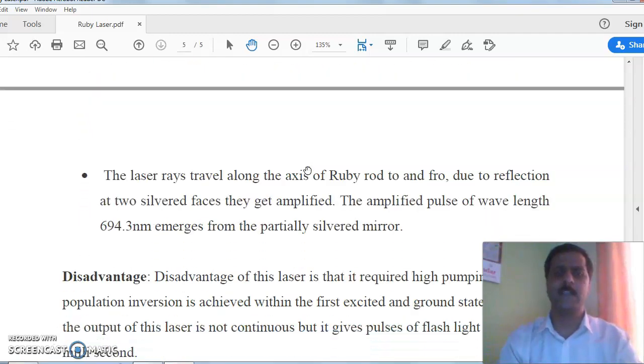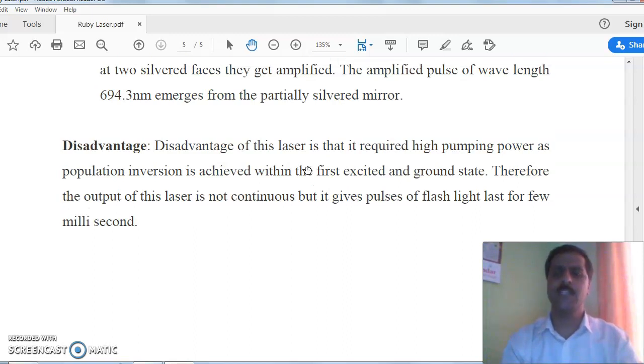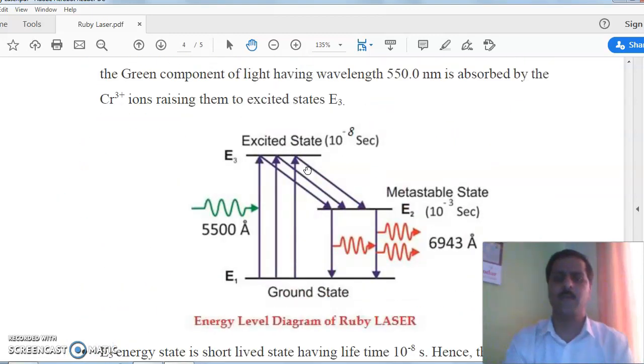Now, what is the drawback of this laser? The disadvantage is that the population inversion has to be achieved directly between the ground state and the metastable state. To achieve population inversion, because the ground state is a long-lived state, with lifetime in minutes, days or years, we require a high efficiency pumping device, and no device is 100% efficient.